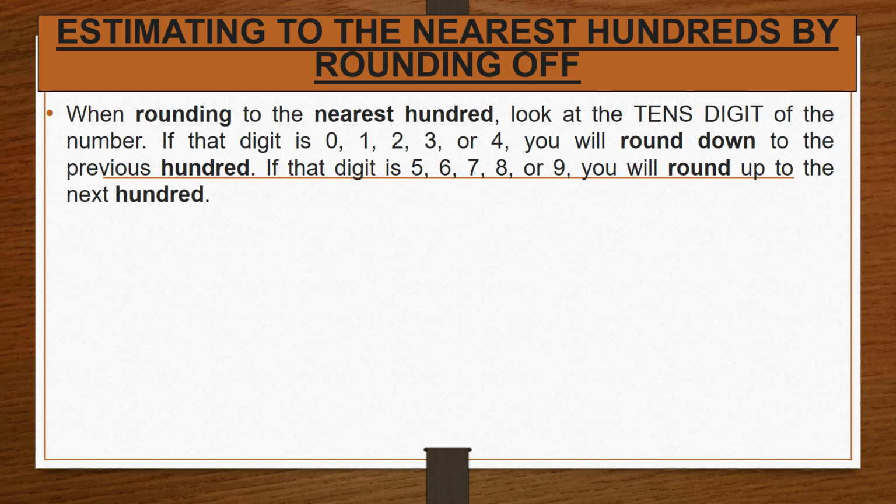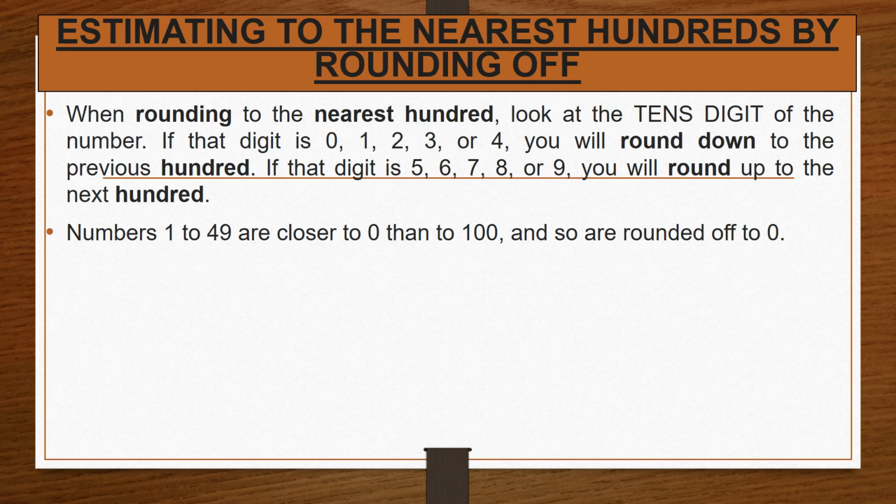Now here you have to look at the tens digit of the number. If that digit is 0, 1, 2, 3 or 4, you will round down to the previous hundred. If the digit is 5, 6, 7, 8 or 9, you will round up to the next hundred.